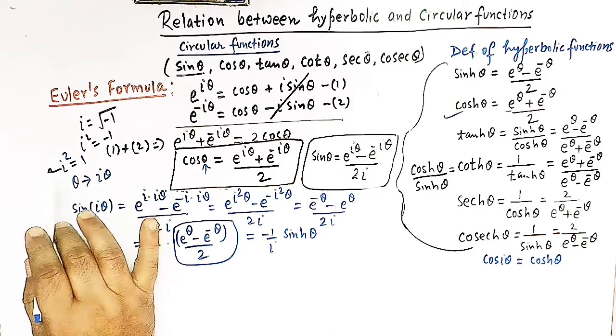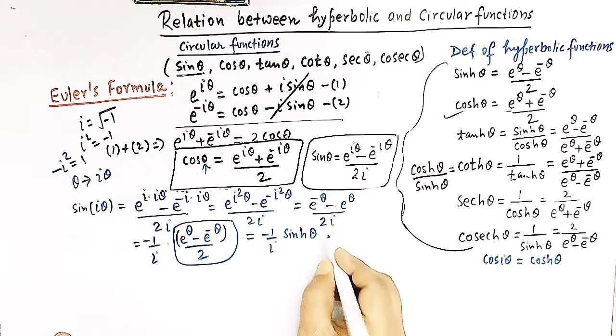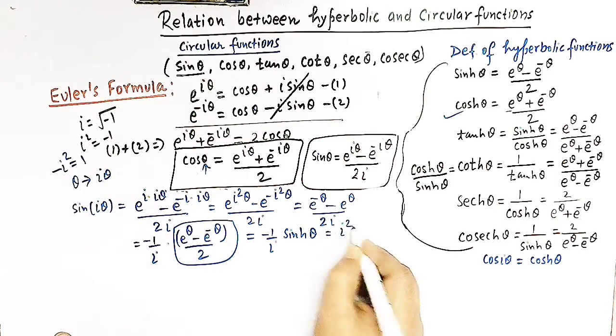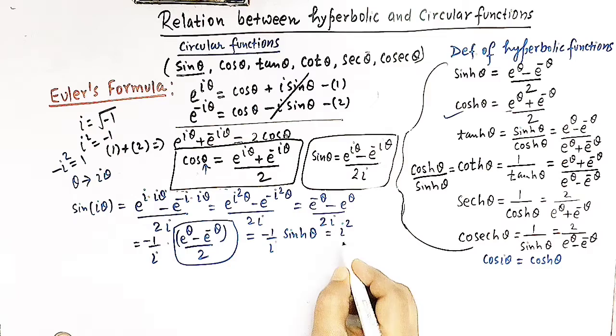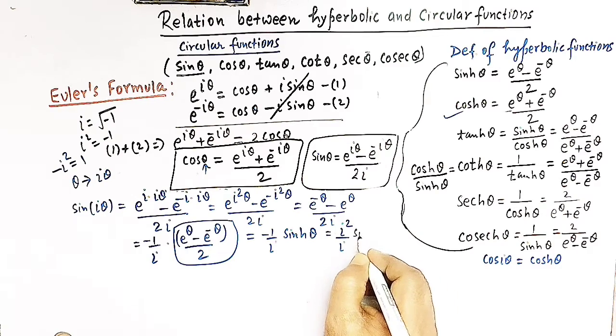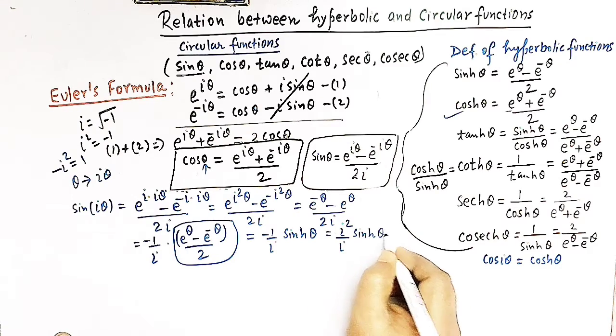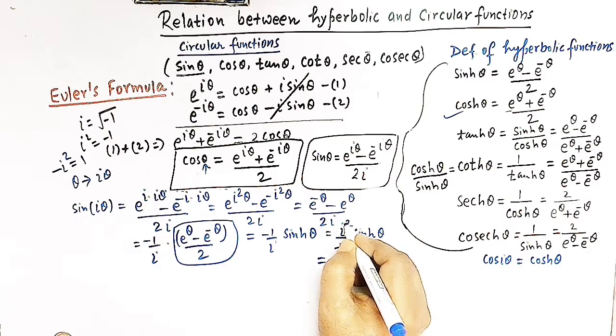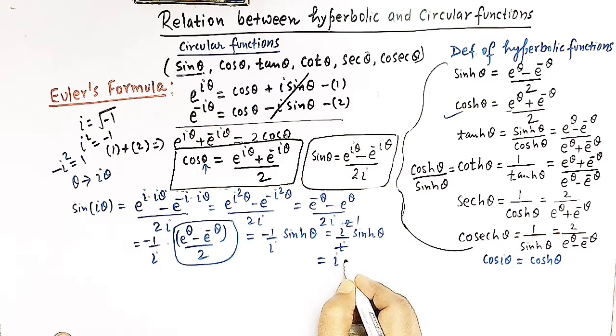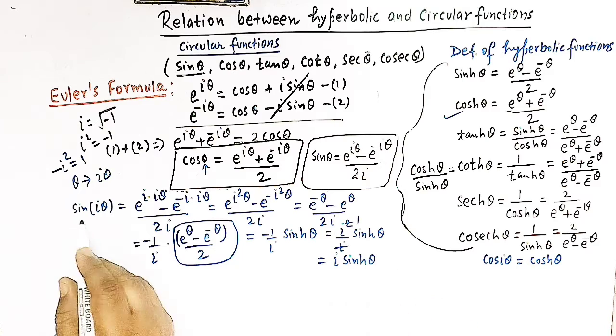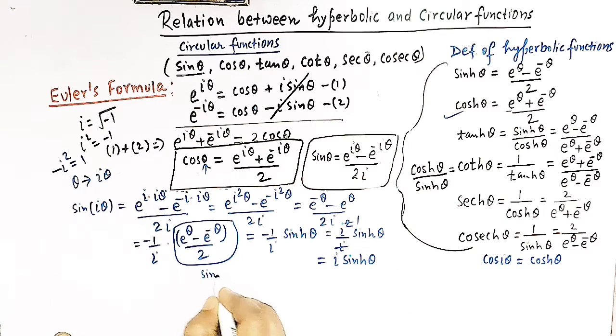Now minus 1 can be replaced by i square. So here we have i square for minus 1. Here we have i, and this is hyperbolic sine of theta. So here i and i get cancelled. So we have i and hyperbolic sine of theta. So now we have this relation, that is sine i theta is equal to i times the hyperbolic sine of theta.